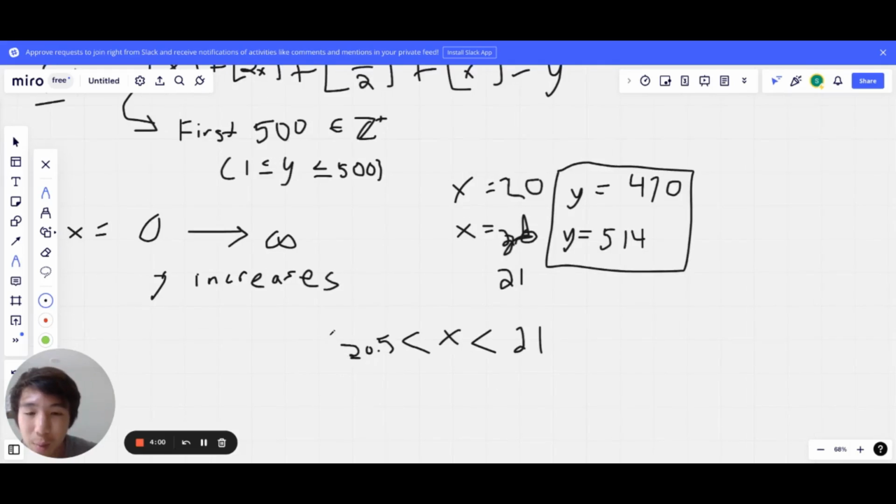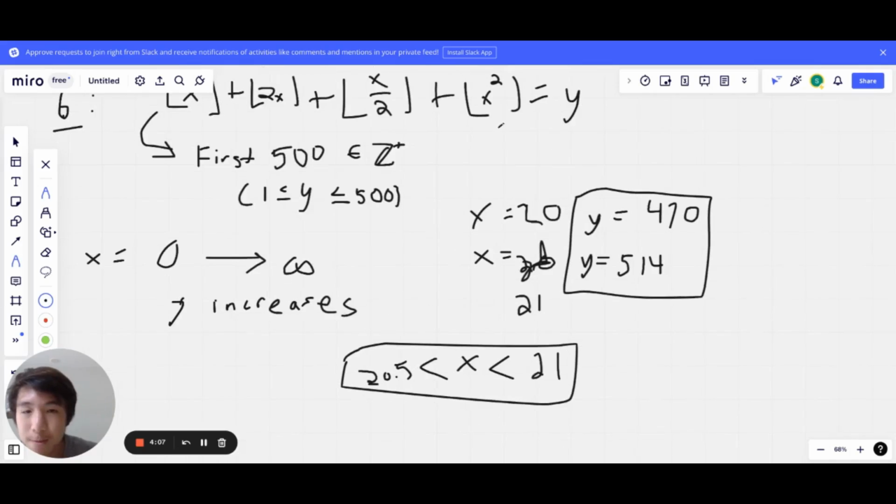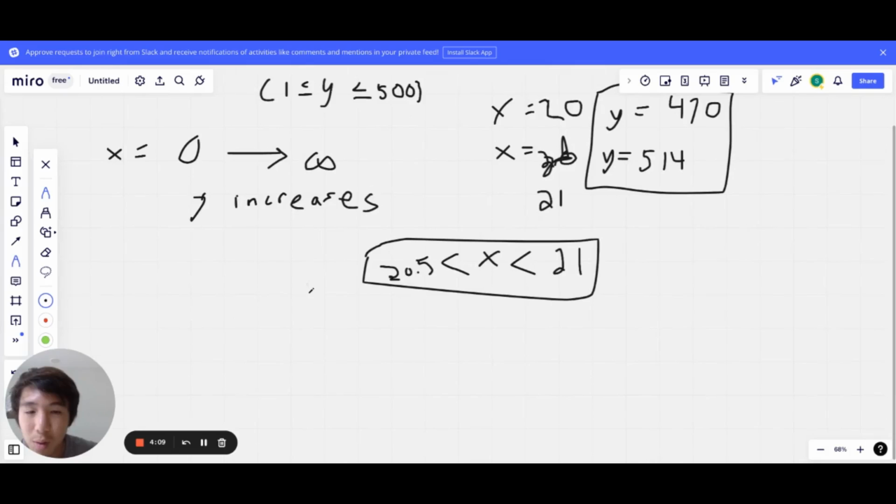So now that we know that 20.5 is less than x is less than 21, we can use this to find our value of x. So we know that floor of x is going to be equal to 20. We know that floor of 2x is going to be equal to 41 actually, since x is greater than 20.5.